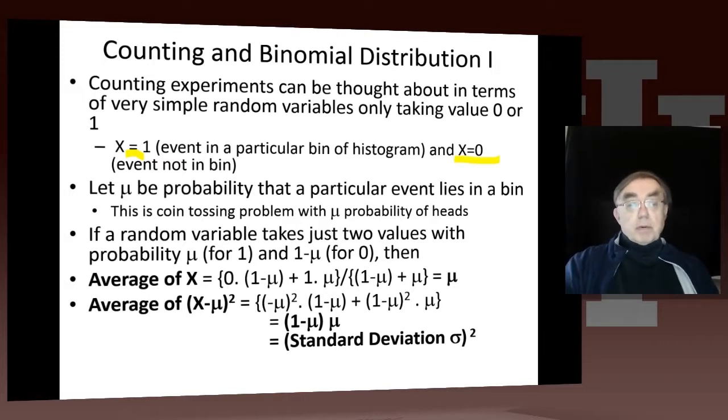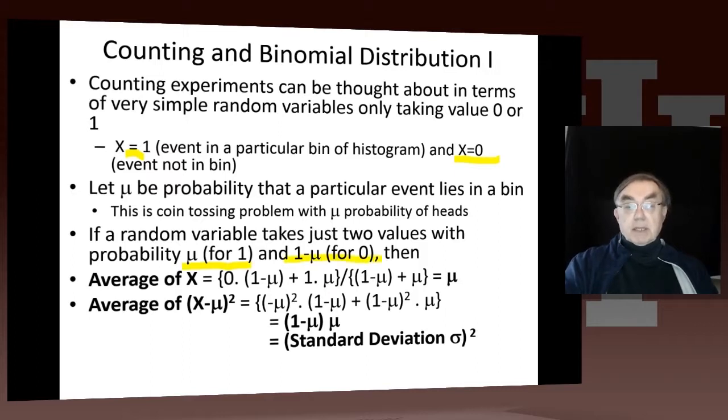If we have a probability mu, which of course for coin tossing is 0.5 for a decent coin, that a particular event lies in a bin, and of course we can generalize coin tossing to biased coins, which preferentially become heads or tails, then we have a random variable with two values: probability mu that it's 1, and 1 minus mu that it's 0, because probability always adds up to 1.